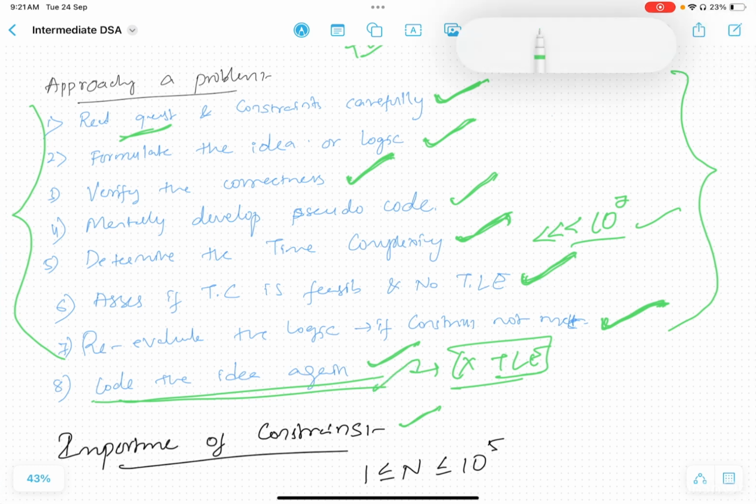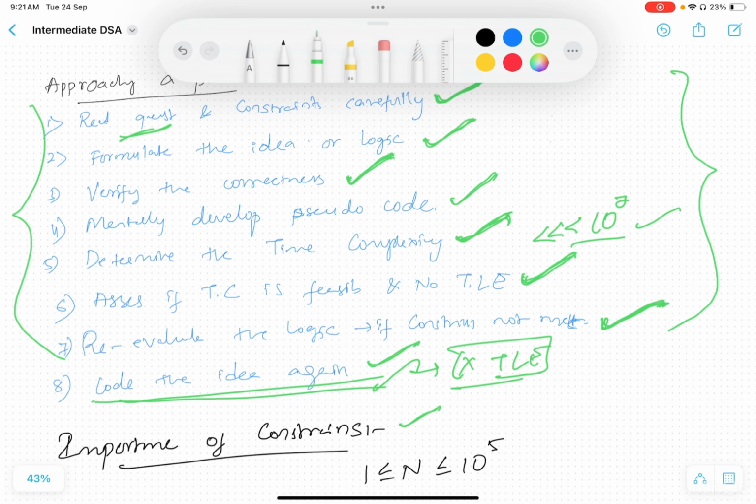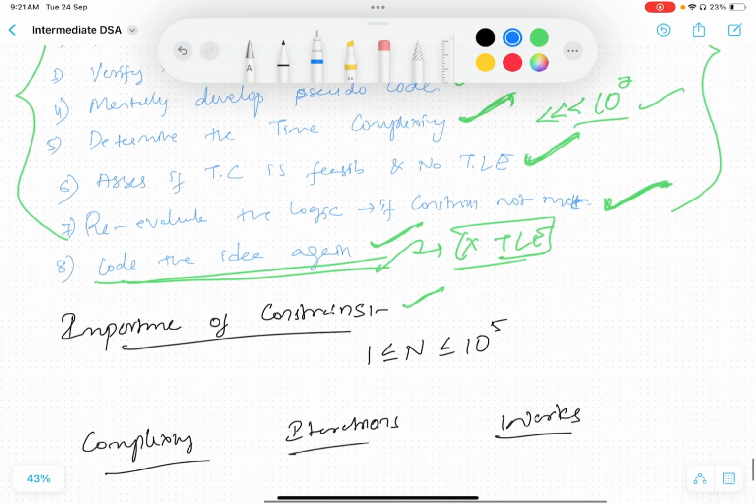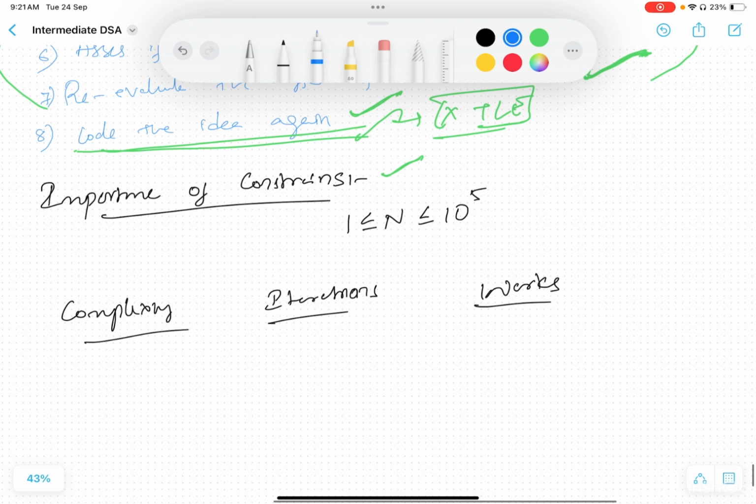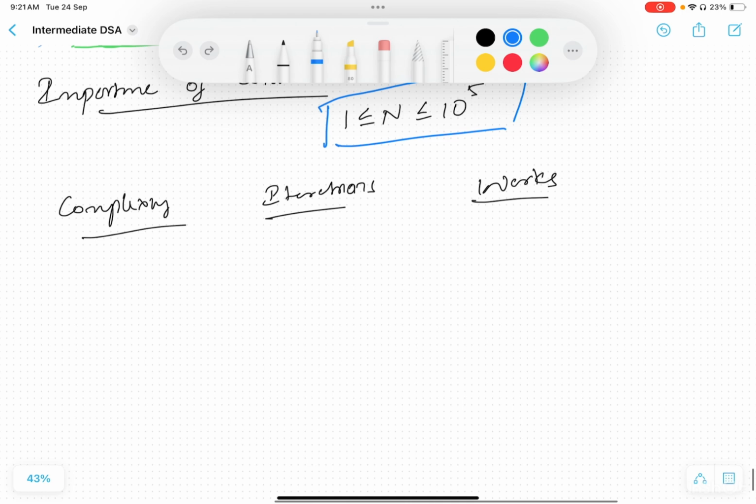Now we will see the importance of constraints. Okay, let's say your question has the constraint that the number of iterations can be between 1 and 10 power 5, right? We'll consider a few complexities.